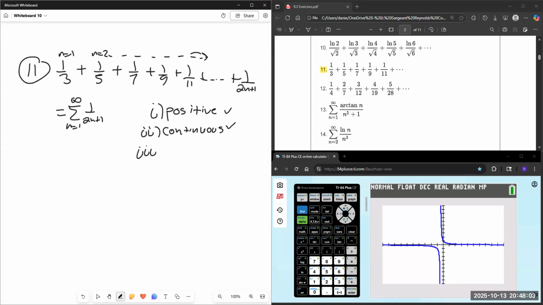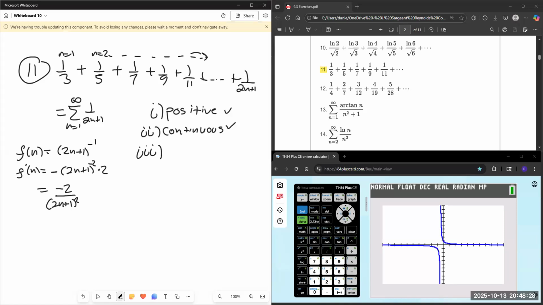And decreasing, so I'll show you a way to tell that it's decreasing here that I haven't done yet. So if f of n is equal to 2n plus 1 to the negative 1, f prime of n is equal to a negative 2n plus 1 to the negative 2 times 2, or a negative 2 over 2n plus 1 quantity squared. And for my first derivative from 1 to infinity, again, the only interesting number that might make the numerator or denominator 0 is negative 1/2.